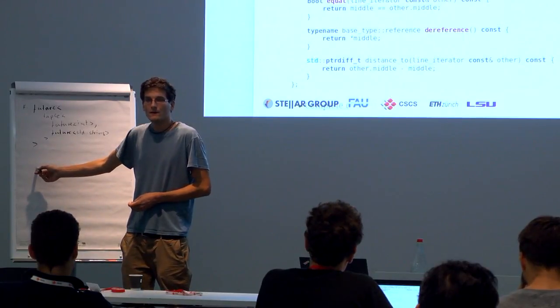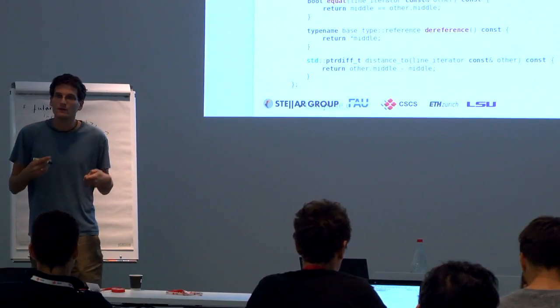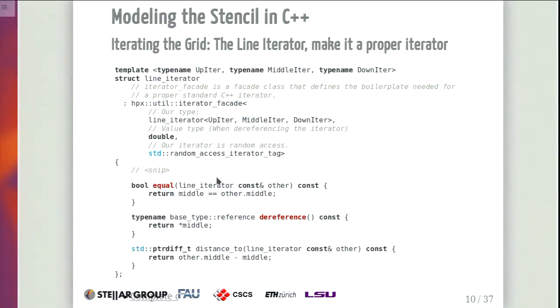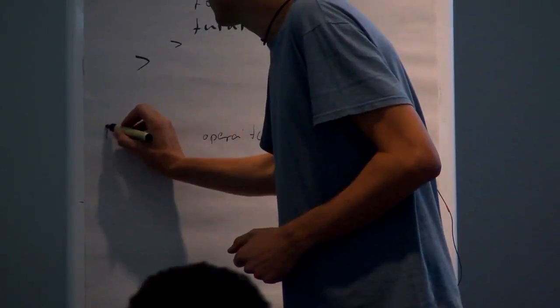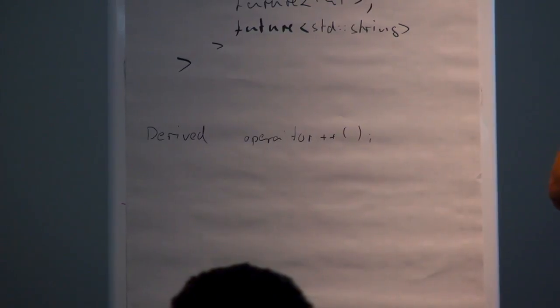Now, what's the return value? You don't want to return iterator facade because that would be a different type, the base class. You would need some kind of virtual functions, which would be costly at runtime, right? So when you do operator plus plus, you really want to return the real iterator that you defined, the derived class.